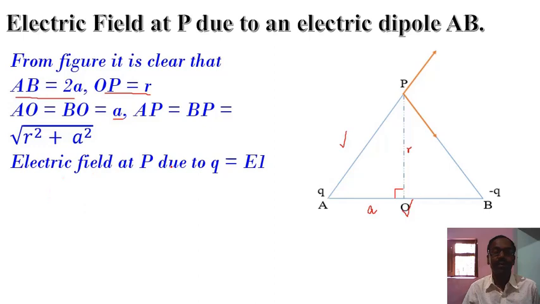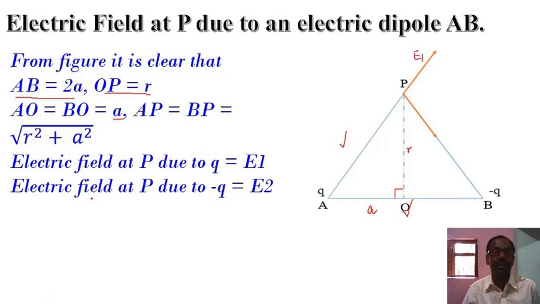Electric field at P due to plus Q, suppose this is E1. Similarly, electric field at P due to minus Q, suppose this is E2.